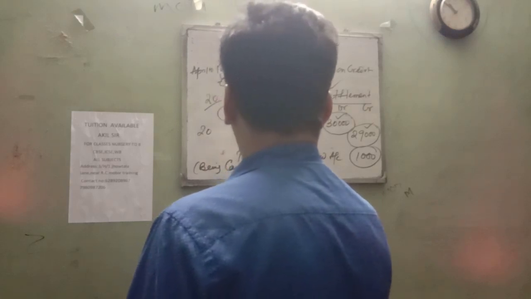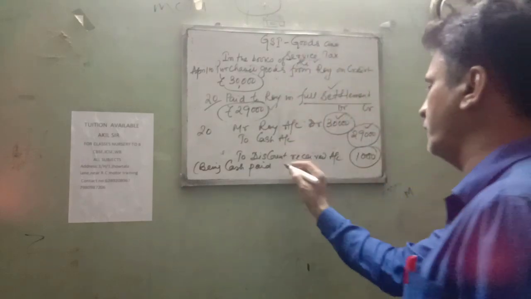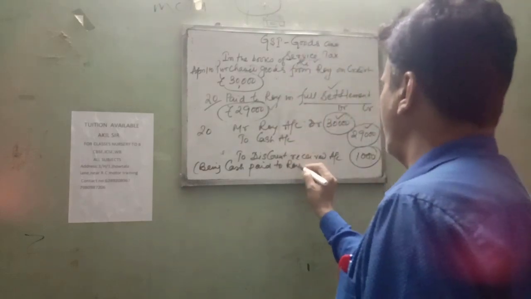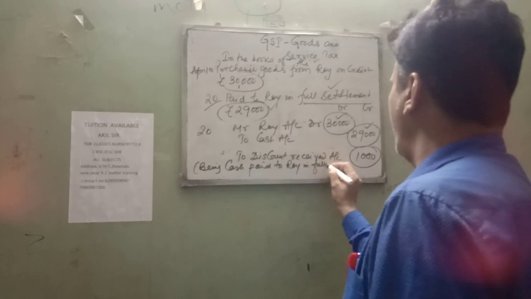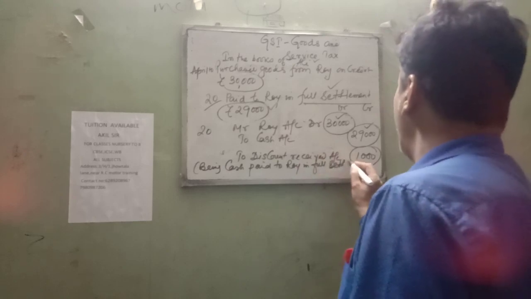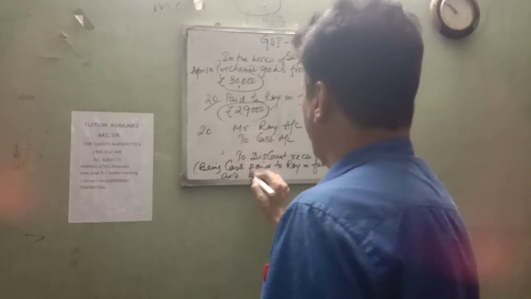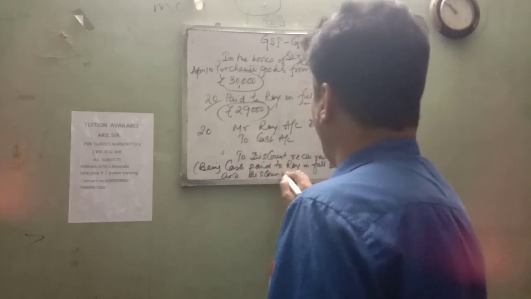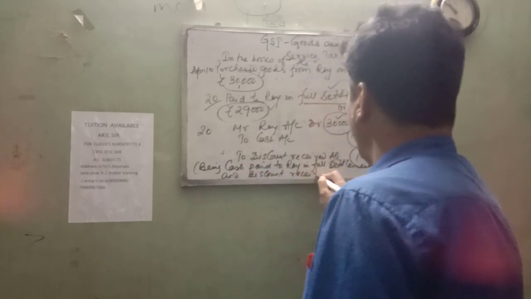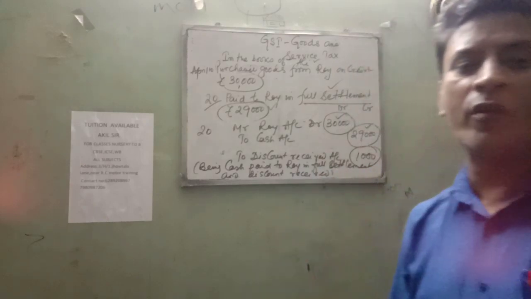Narration will be being cash paid to Mr. Roy in full settlement and discount received. Got my point? Now come to the point discount allowed.